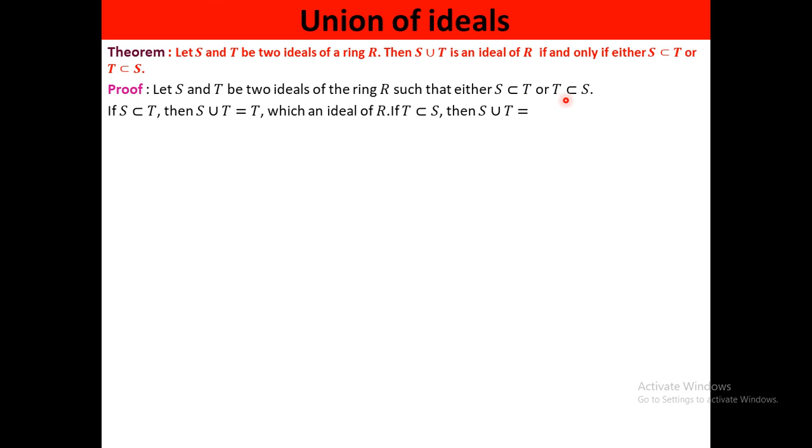Again, if T is a subset of S, then S union T is S, which is also an ideal. So in each case, S union T is an ideal.